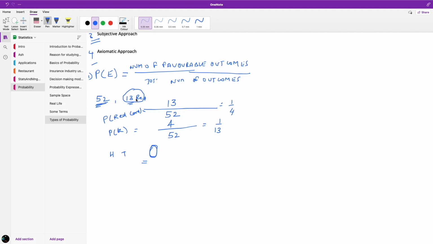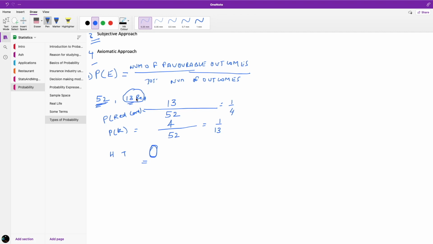So in this case, what do they do? You collect a lot of data about a lot of people, and based on the number of people who lived beyond the age of 70 with the same demographics, with the same situation, we can come up with some probability.